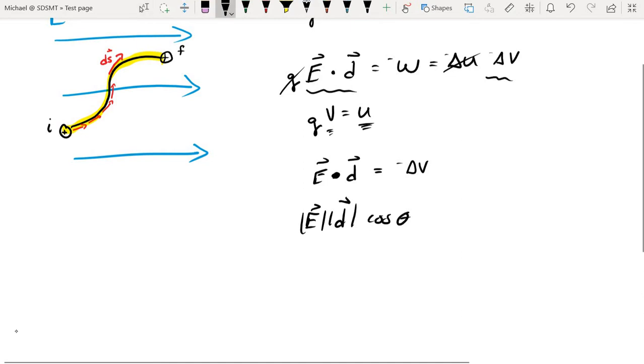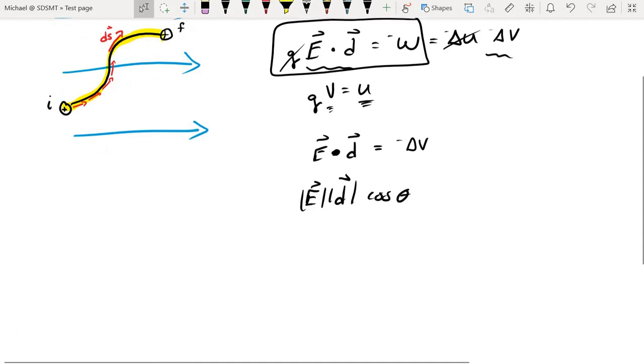This is where we'll start. And we'll say that for every charge in the electric field that moves an infinitesimal amount of displacement, we will produce an infinitesimal amount of work.